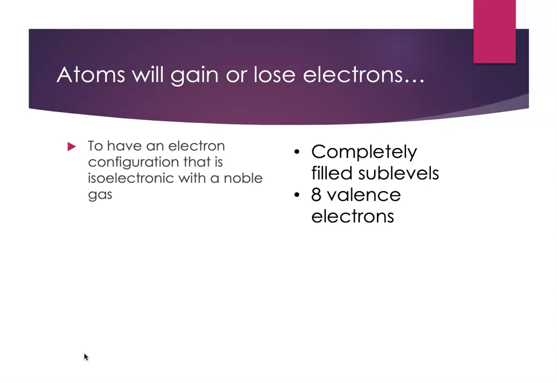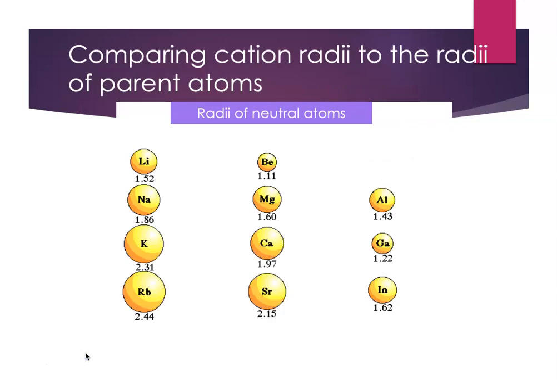We see a lot of stability with this. So typically what we see are that metals lose electrons to form cations, nonmetals gain electrons to form anions. All right? It's all about getting to the octet rule. So we can use this to predict what typical charge we might expect for a particular element when it forms an ion.